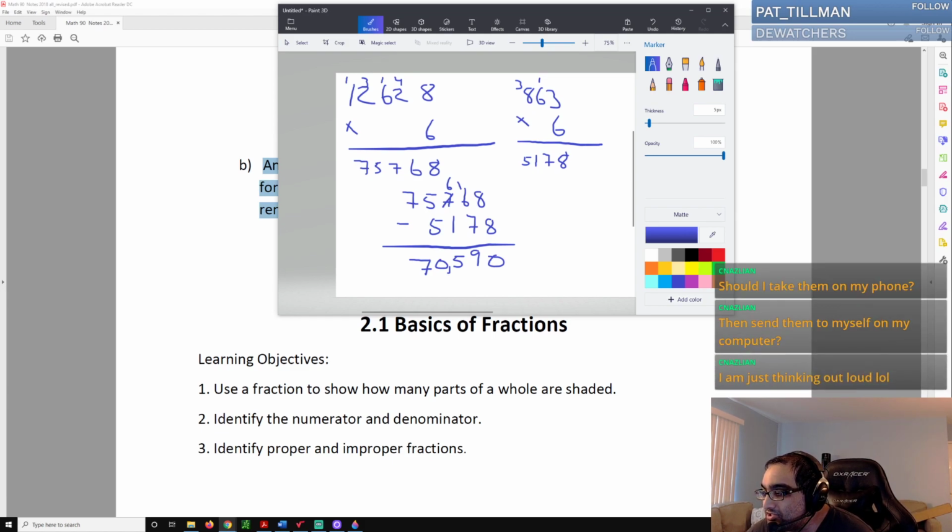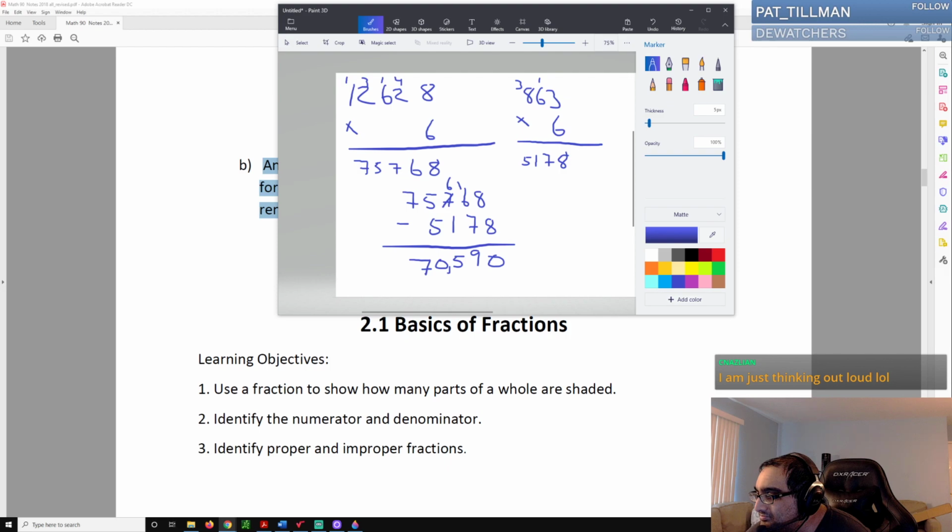Either send it to yourself on the computer or use a transfer program that'll let you transfer phone data over to your PC. So there are ways that you can work with that, definitely.